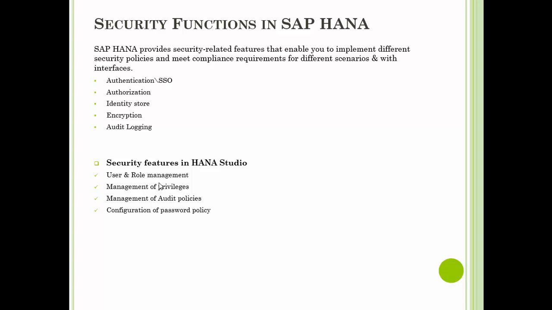So we can restrict users by assigning only limited roles. And coming to management of privileges, again, we can restrict users by creating privileges to access the database, to do any modification, and also restrict users who will be creating privileges.